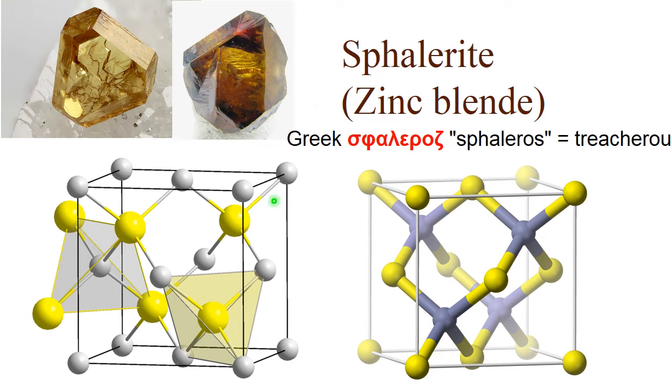Anyway, what is the structure about? It's cubic. You can see coordination number of zinc is 4. Zinc is much smaller than sulfur, and coordination number of sulfur is 4 as well. It can be represented in such a fashion.